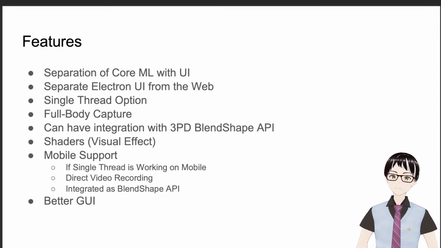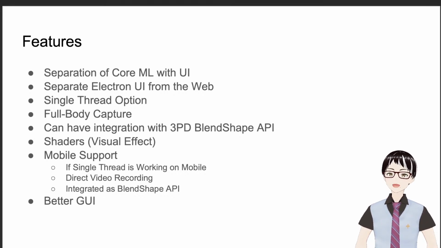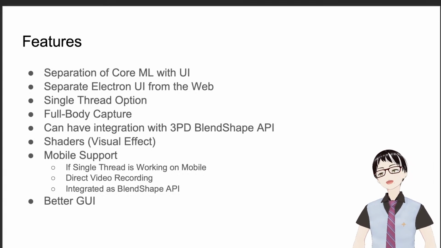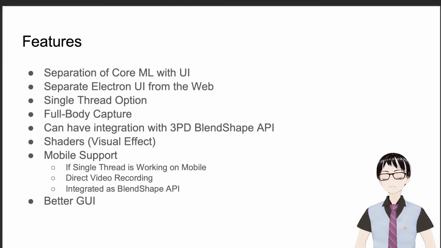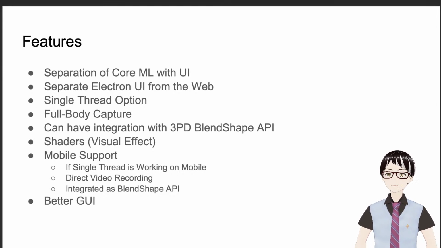And we will then try to add the shaders. With these finished, we'll probably only have the very basic shader option. But anyway, we'll check the mobile support and see if we can further improve our GUI.